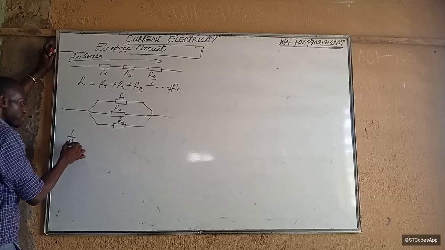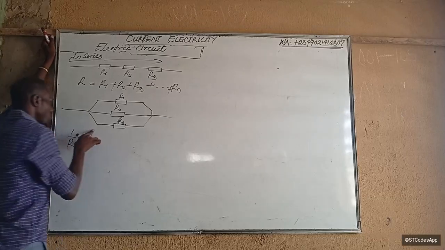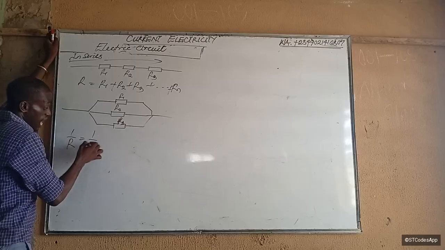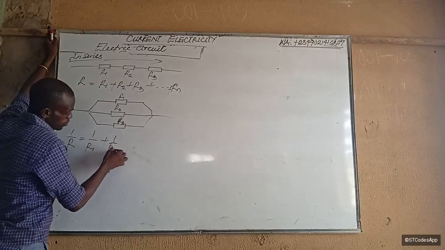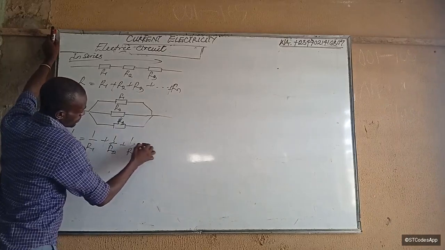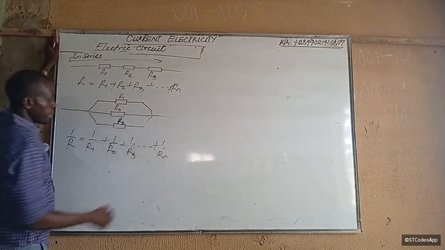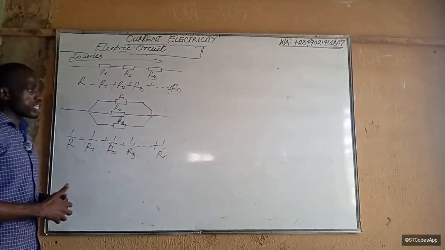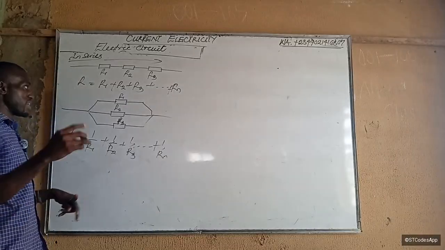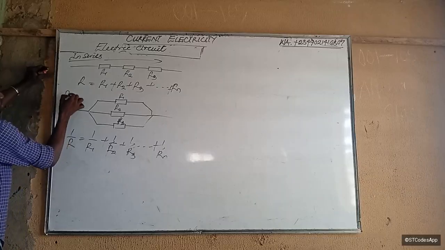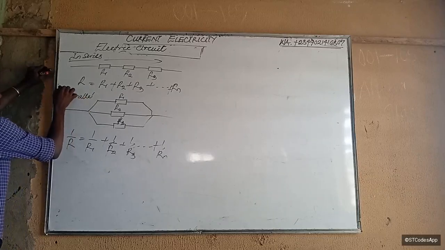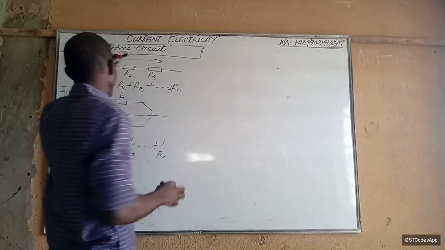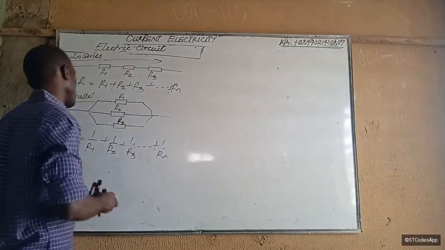The equivalent resistance is given by 1 over R equals 1 over R1 plus 1 over R2 plus 1 over R3, up to any amount of resistors. Don't forget: if you want to minimize the resistance in your circuit, the best arrangement is parallel. And if you want to increase the resistance, the best arrangement is series. Is that clear? Keep that in mind.